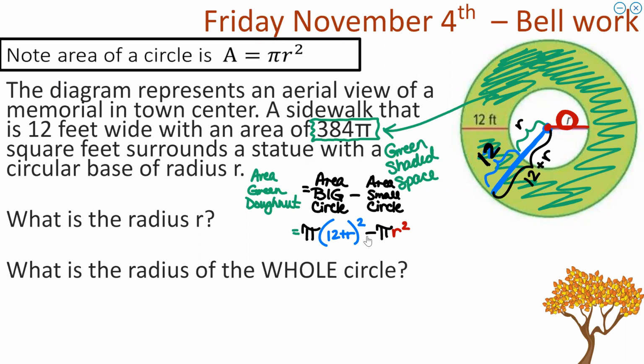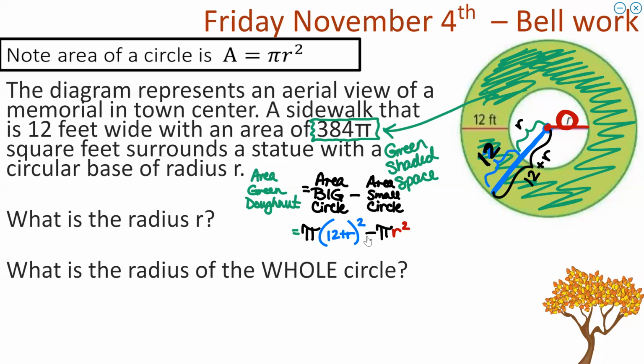I need to perform multiplication because we're going to need to square that binomial. And then we're going to need to do what? Subtract. Let's square that binomial first.